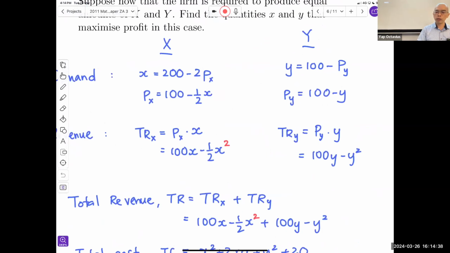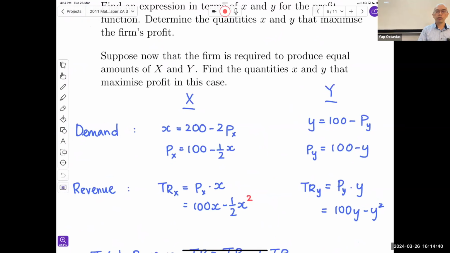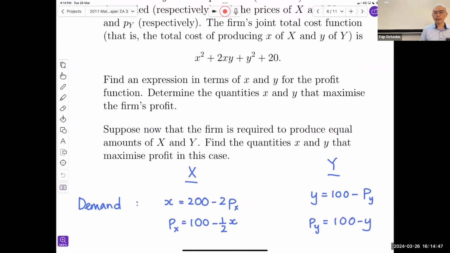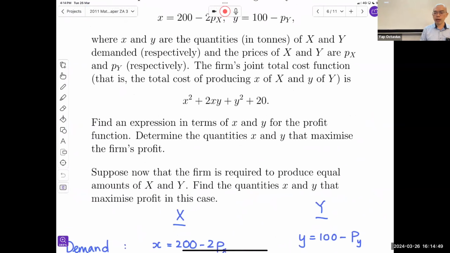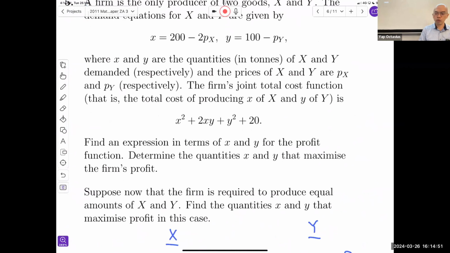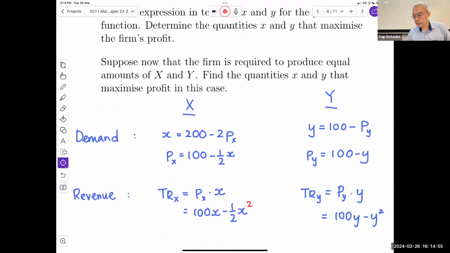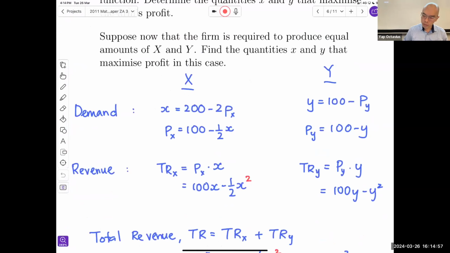That's what the statement is trying to say: produce equal quantity. But if you have done everything up to here, you should have passed the question already. So up to this part should be enough to pass the question with quite good marks. So now let's take this statement. They produce quantity that are equal.